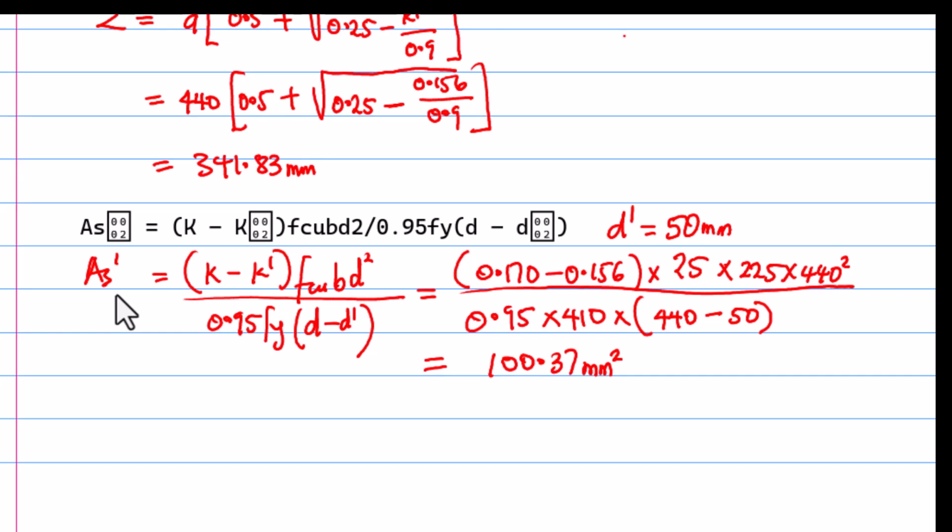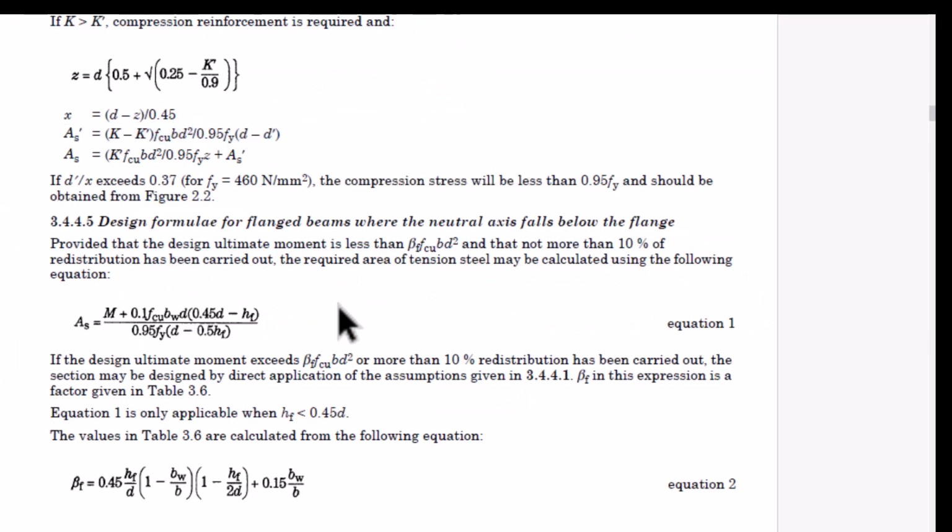So I'm going to say provide 2Y12 mm, and the area there is 226 mm squared. If you notice, my selection is greater than the AS prime, so this one will be for the compression zone.